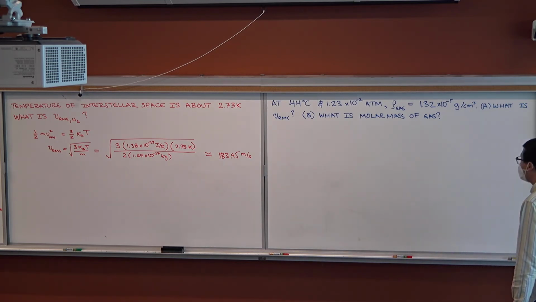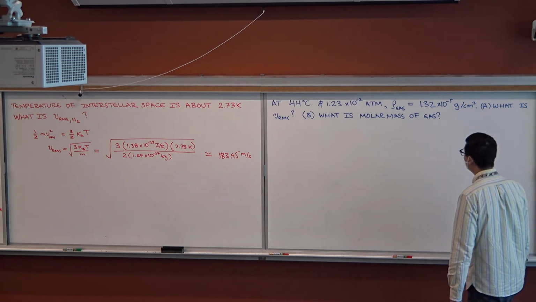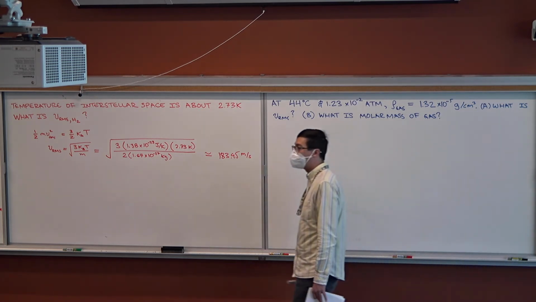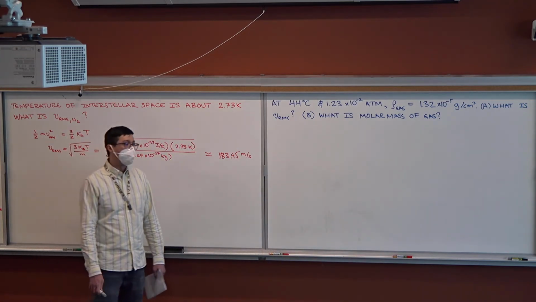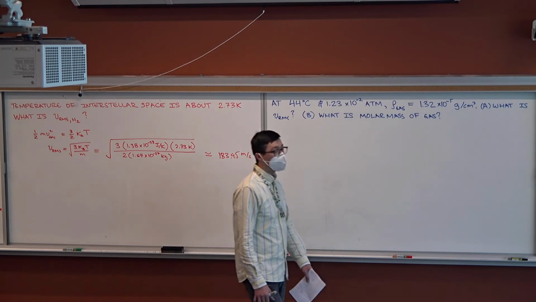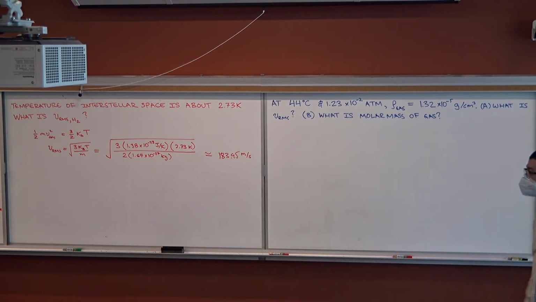First question, what is V RMS? The second question, what is the molar mass of this gas? And unwritten, can we figure out what the gas is, or is likely to be? Well, we can still do the square root of 3 kBT over m. Wait, no, we don't have the mass of it.